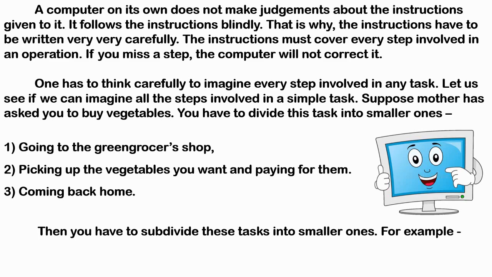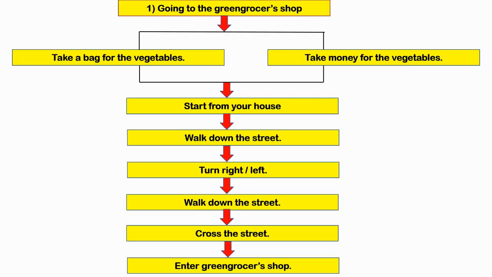Then you have to subdivide these tasks into still smaller ones, and the example is given to you in the form of a flow chart. That is, going to the greengrocer's shop, take the bag for vegetables, take money for the vegetables, start from your house, walk down the street, turn right or left, walk down the street, cross the street, enter the greengrocer's shop.